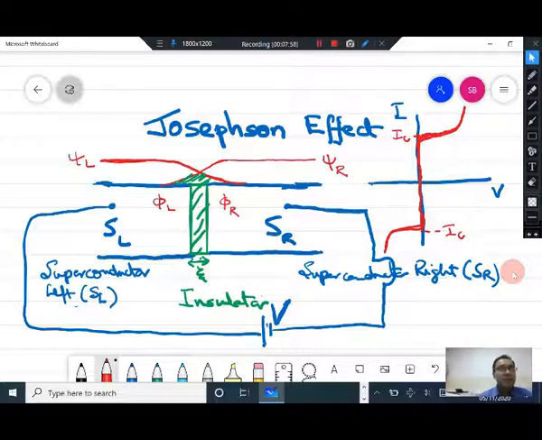One can do it with the Ginzburg-Landau theory, but I will not do the Ginzburg-Landau derivation of the Josephson relation here, because there is a much easier and very transparent method of deriving the Josephson relation, which was suggested by Richard Feynman. And that way of derivation is quite popular.